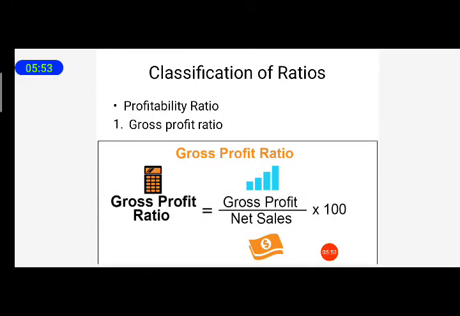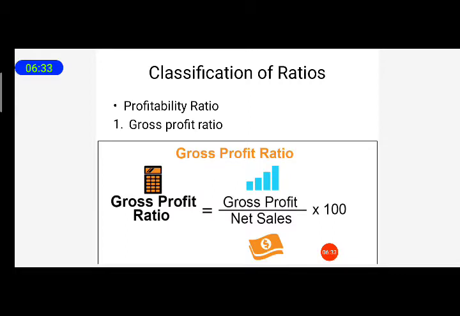The first classification is profitability ratio. Profitability should be distinguished from profits, and profitability ratios are in relation to sales. Profit margin measures the relationship between profit and sales. As the profit may be gross or net, the ratios consist of profit margin, that is, gross profit ratio, net profit ratio, expenses ratio, and operating ratio.